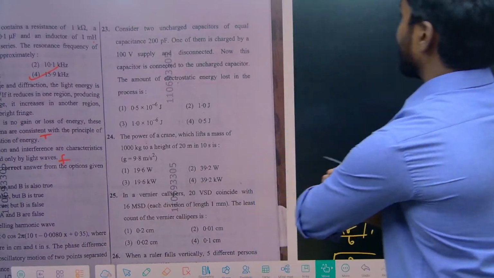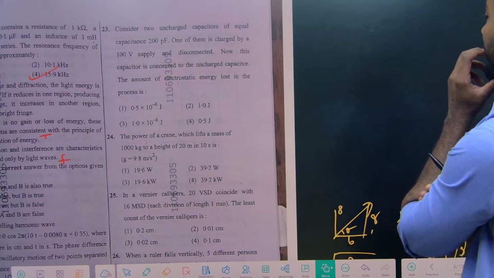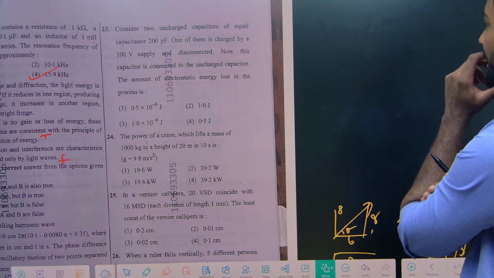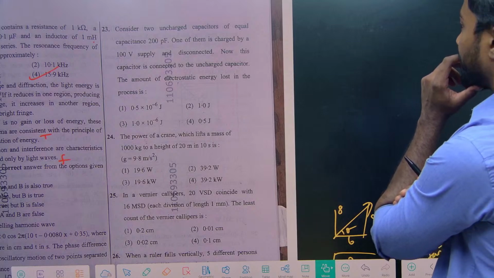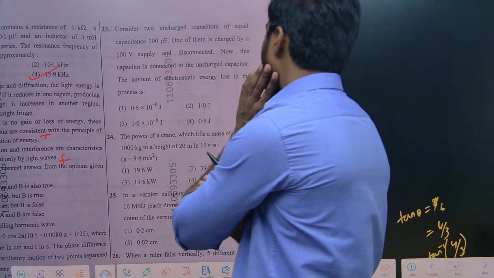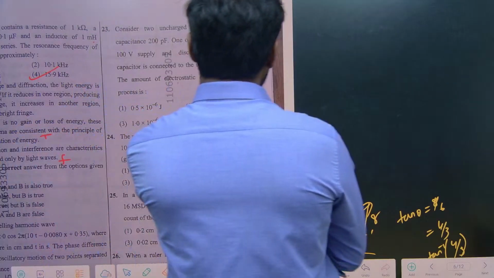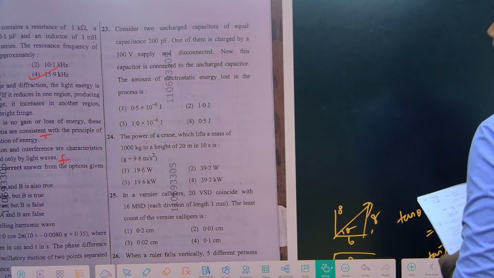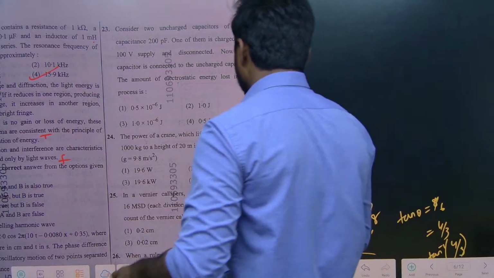Consider two capacitors of equal capacitance, 200 picofarad. One of them is charged by a 100 volt supply and disconnected. Now this capacitor is connected to the uncharged capacitor. The amount of electrostatic energy lost... I need to talk about electrostatic energy.